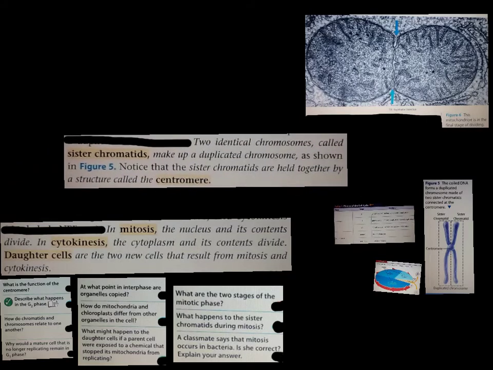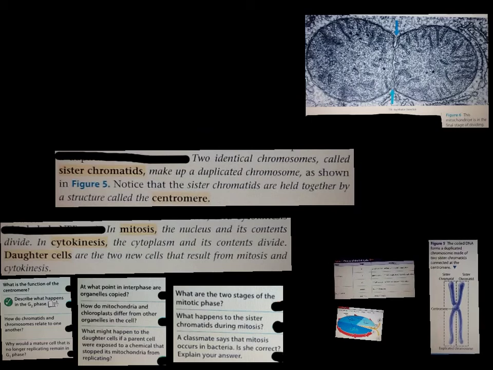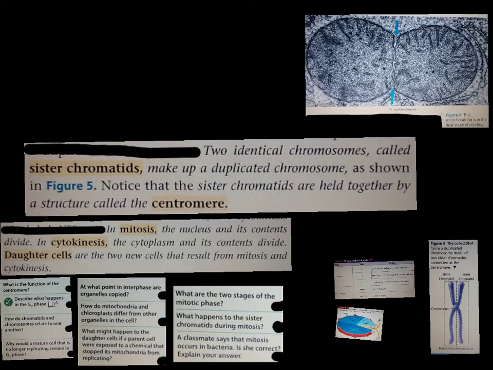You had a couple of definitions that we need to go through, and I want you to write them in your science journal, please. The first one is sister chromatid, which is 2 identical chromosomes. They make up a duplicate chromosome.